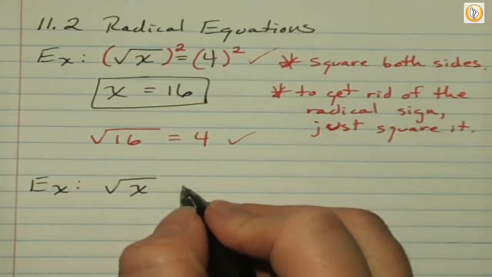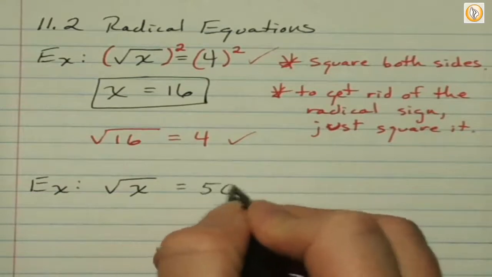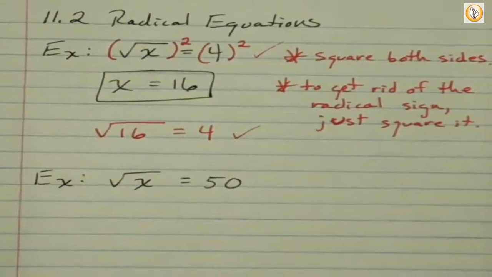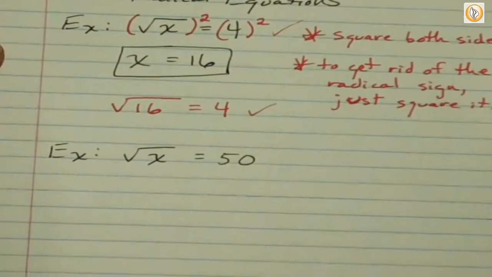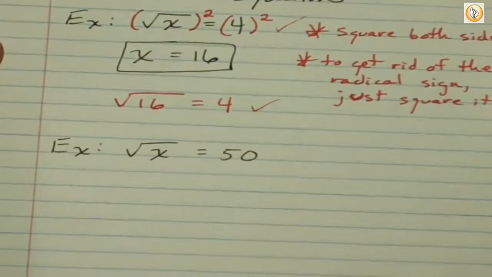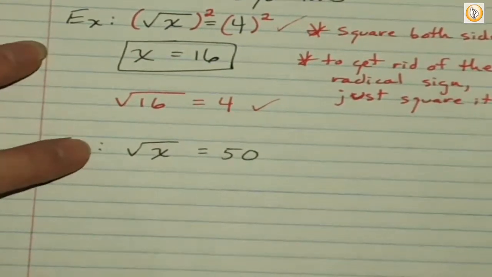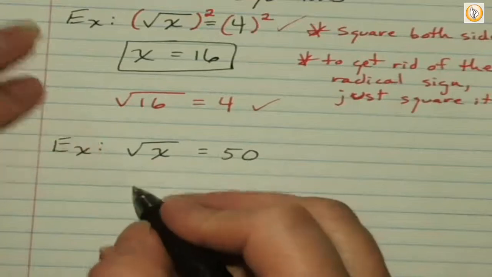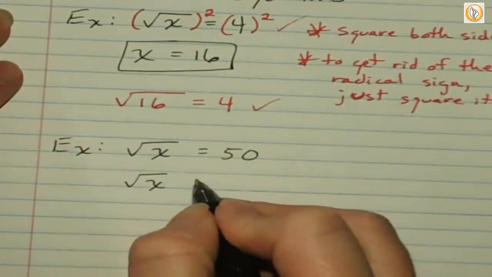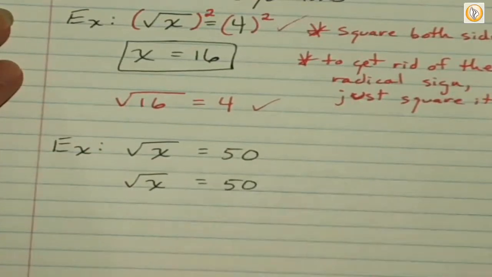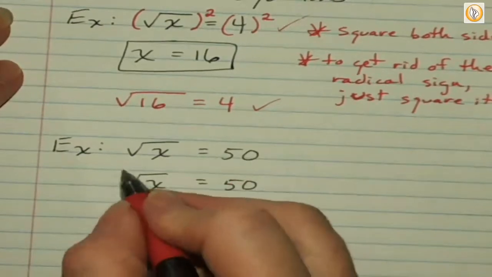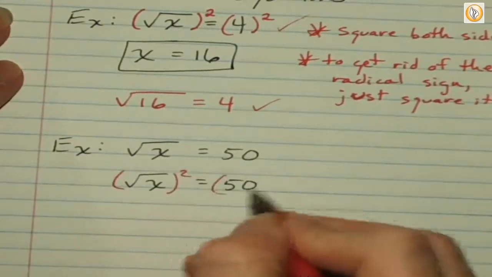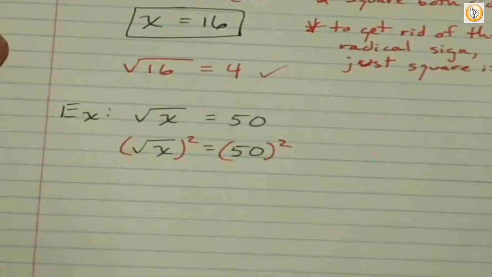Square root of x equals 5. Okay, to get rid of the square root, let me teach.